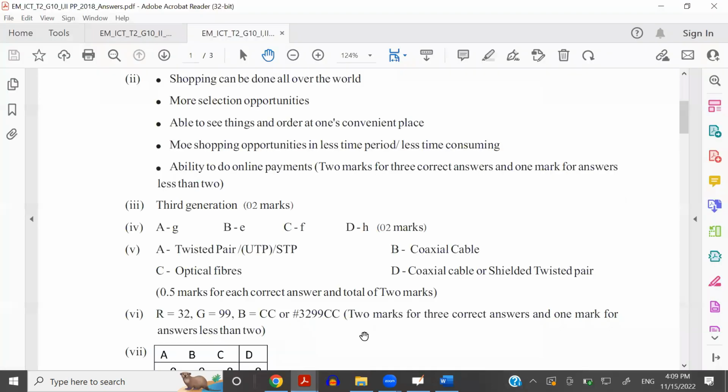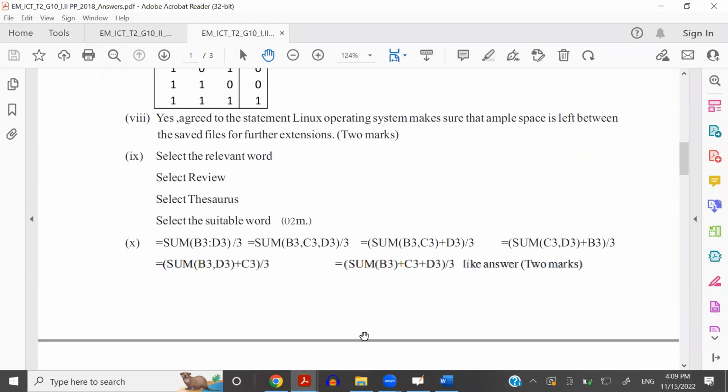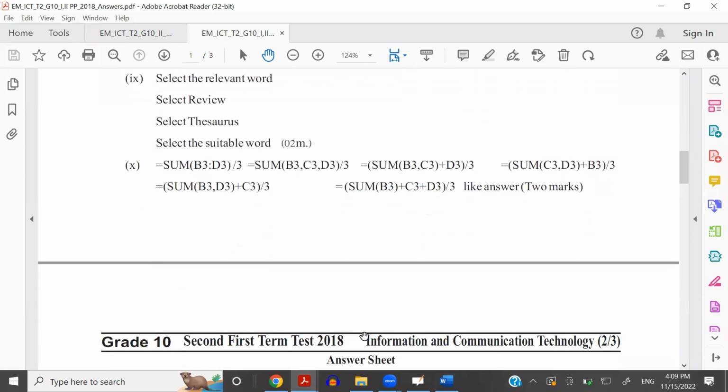So something similar to this should be there. Right, so see whether you have got it correctly.